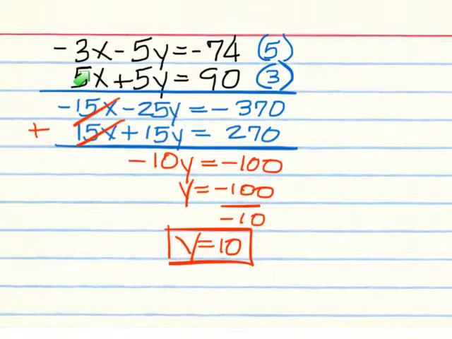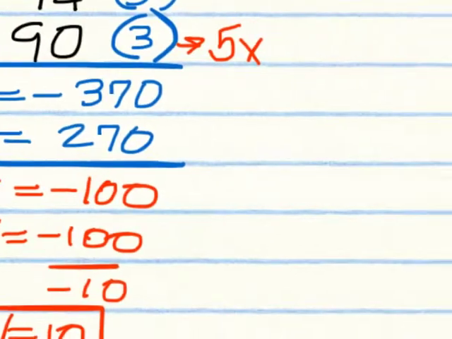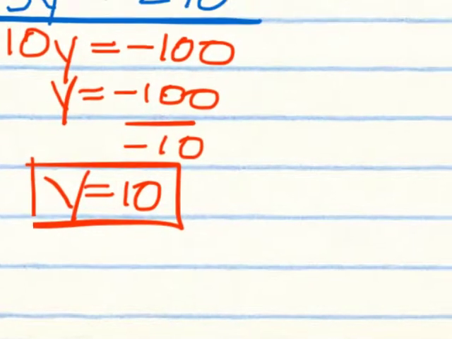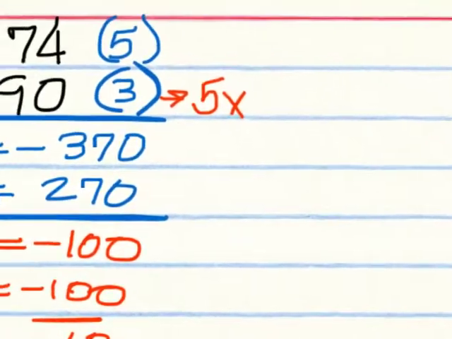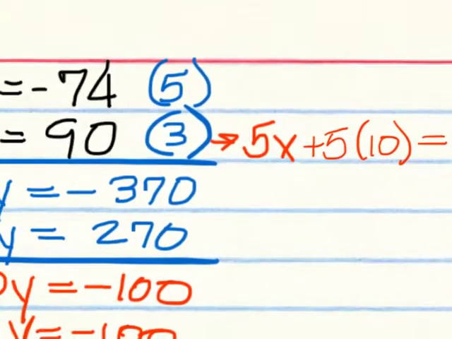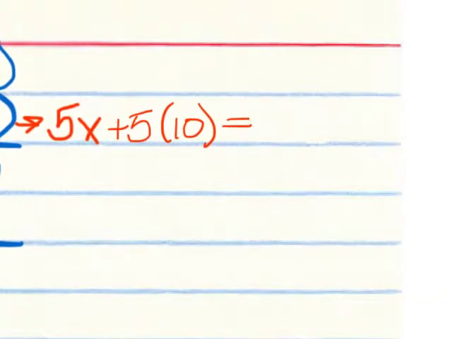I will plug that into the bottom equation here. When I do that, I have 5x plus 5y, and the 5y is really going to be 5 times 10. And all of that should be equal to 90.